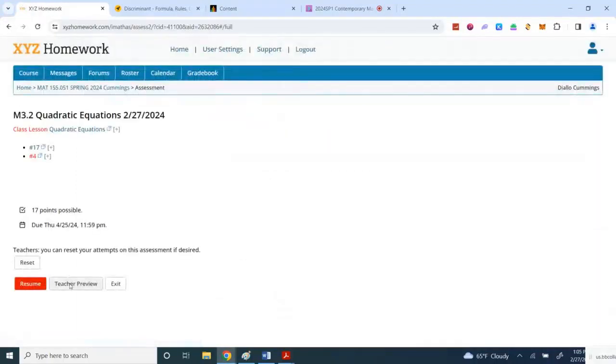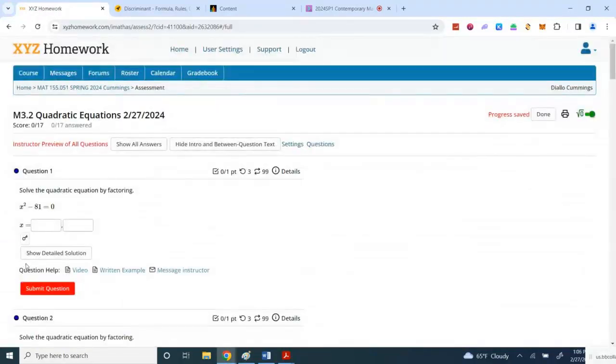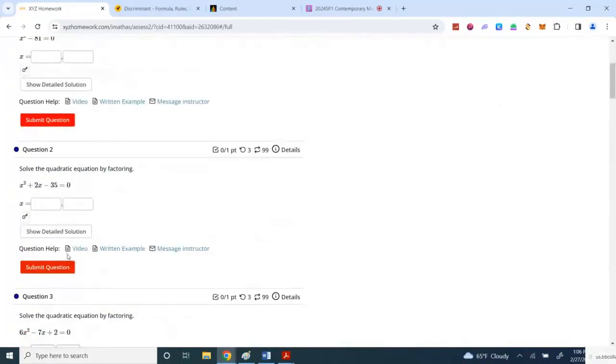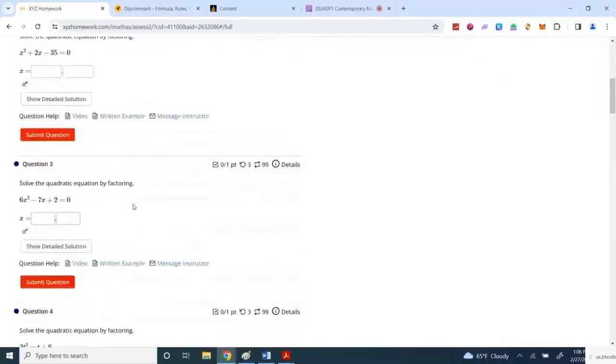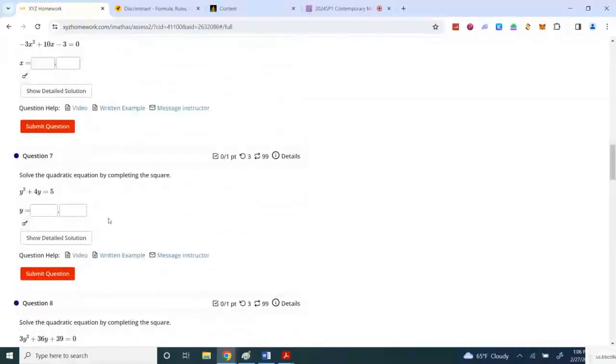Now, as far as the quadratic equations are concerned, if you take 101, and for what I believe our 101 classes have to offer, some of this stuff should look familiar, like solving a quadratic equation by factoring, solving a quadratic equation by using the quadratic formula.